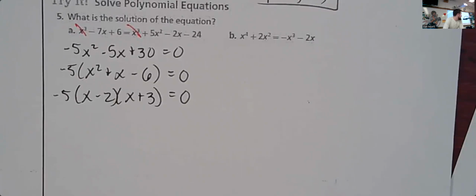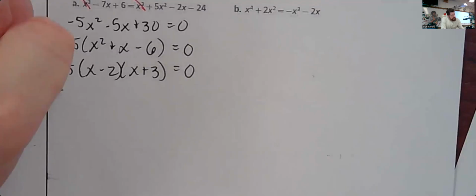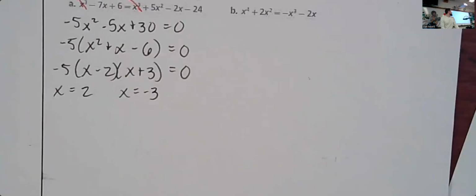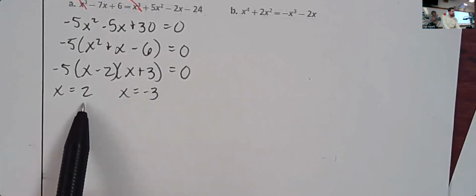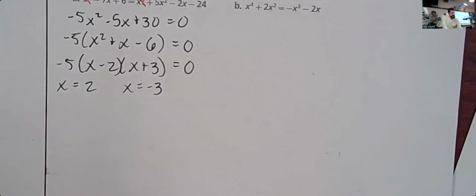So this one has 2 values of x. What are our 2 values of x? 2 and -3. Which means there are how many points of intersection between the 2 different functions? There's 2. There's a point of intersection when x equals 2. There's a point of intersection when x equals -3. We have to figure out the y values for each of those.